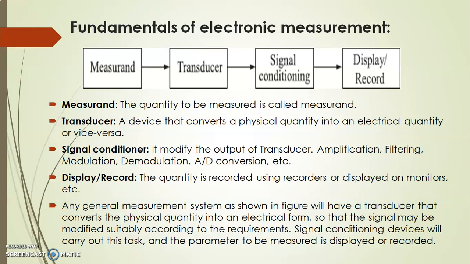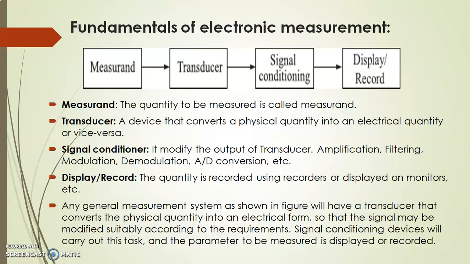Normally, the output of the transducer is in electrical form because the electrical signal is easy to measure. Electrical signals like voltage, current, resistance are easy to measure. That's why most transducers give the output in the electrical form.